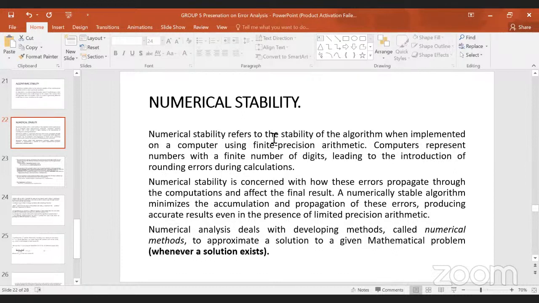Now, numerical analysis deals with developing methods called numerical methods to approximate a solution to a given mathematical problem. And that is when a solution exists for that mathematical problem, because if the solution does not exist, there is no point looking for the approximate solution or to reduce any error.